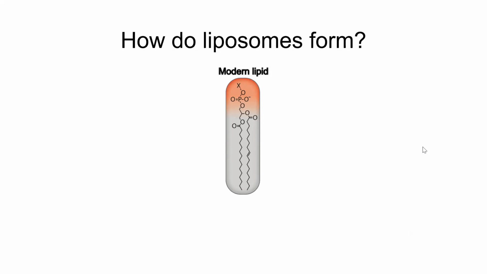You might have heard amphiphile. You might have heard the terms hydrophobic, hydrophilic. I'll try to explain this in a moment. So this is what would be called a lipid molecule. A lipid molecule is a molecule that is made of two parts. You can see in the upper part of this drawing that there are quite a lot of oxygen atoms.